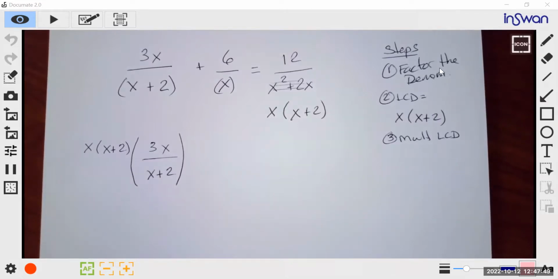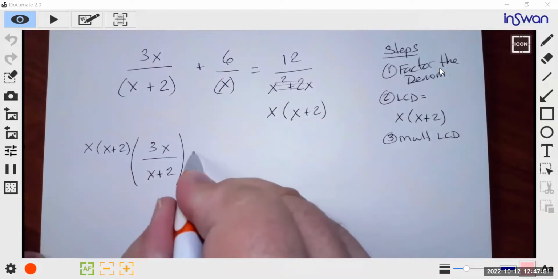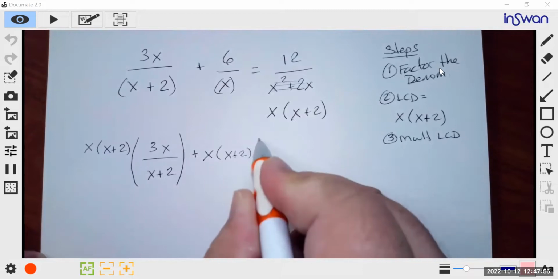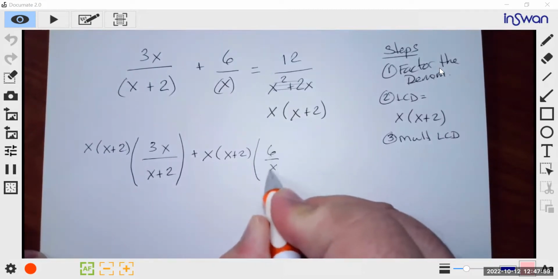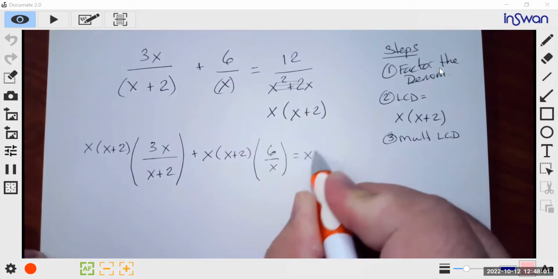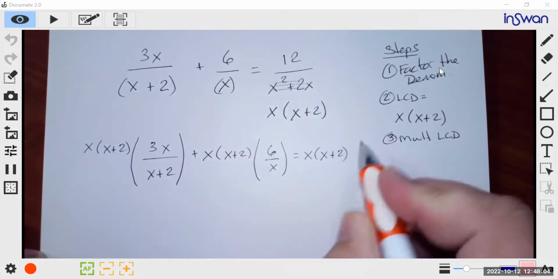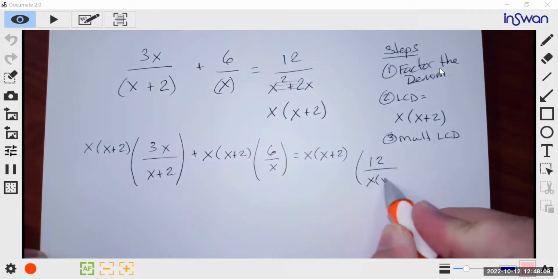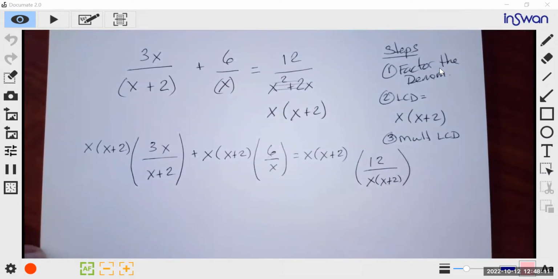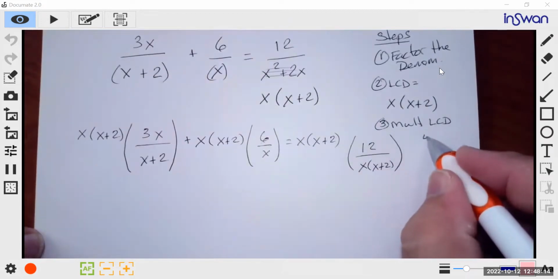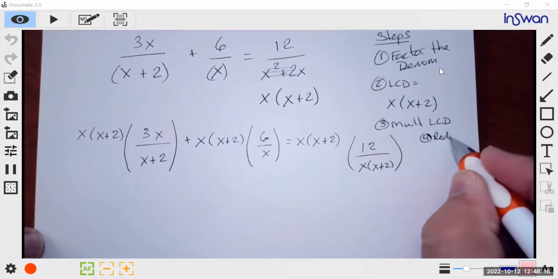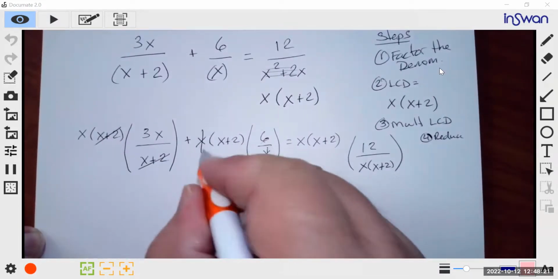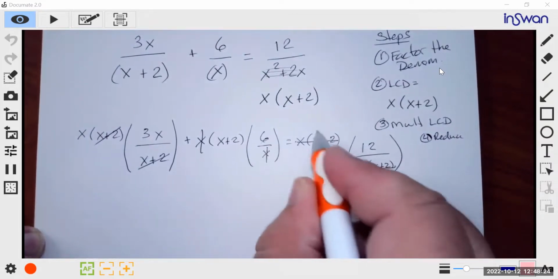Okay. So I put the LCD in front of each term. Then I reduce. The x plus 2 is gone. The x is gone. The x and x plus 2 is gone.